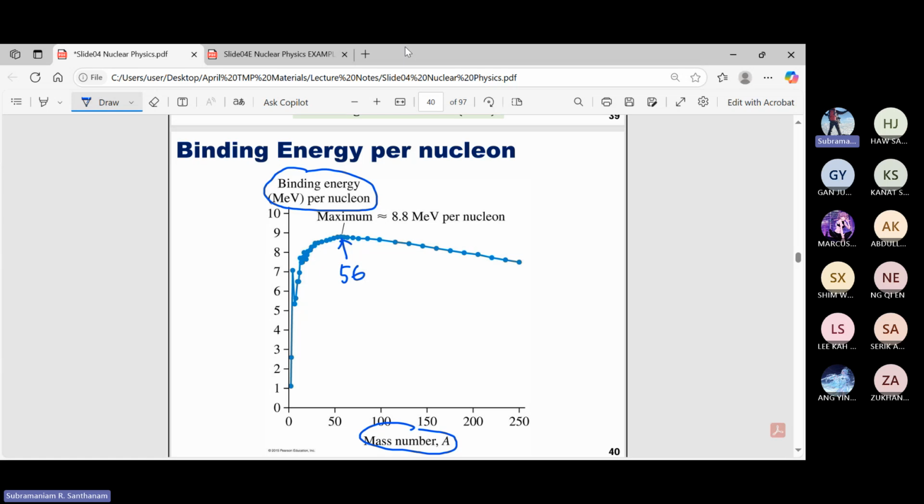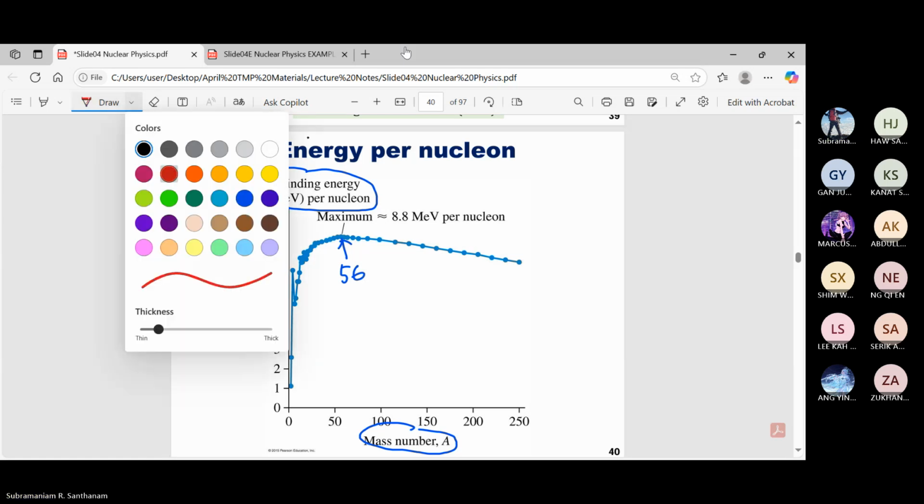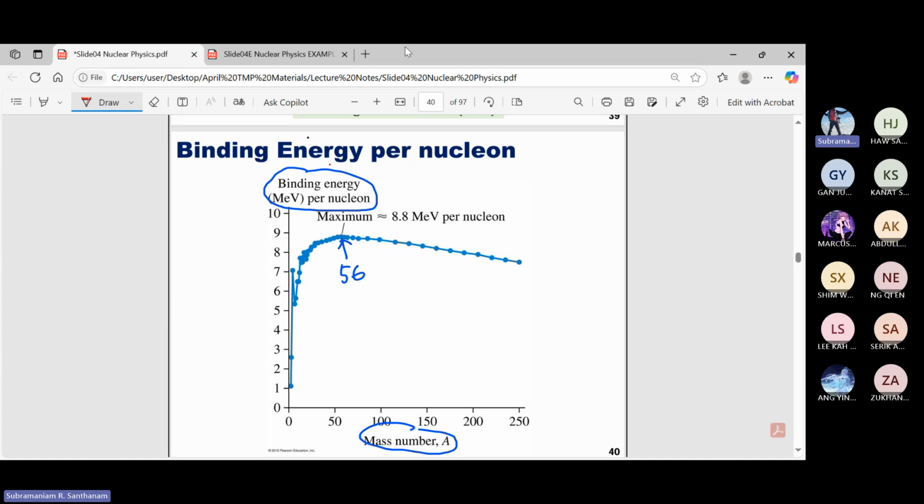If the element is too small, then it will go through a series of fusion reactions to become more stable.